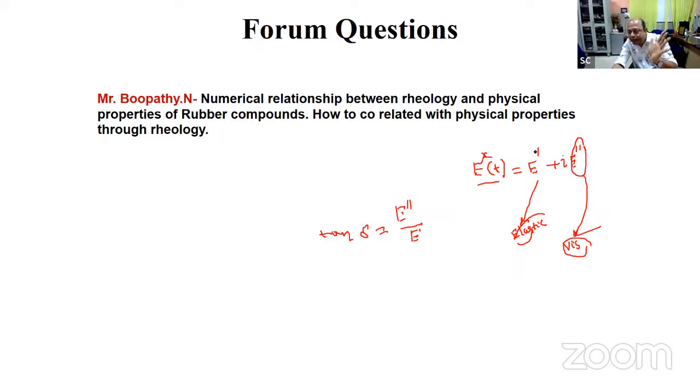Now, if you realize the same thing from the angle of rheology, this viscosity measurement, or the modulus, is another perspective of it in the terminal region, and there you get eta prime and eta double prime. Eta prime signifies the viscous flow, eta double prime signifies the modulus of it.